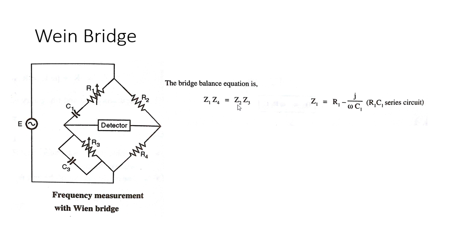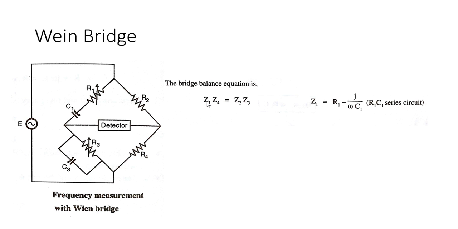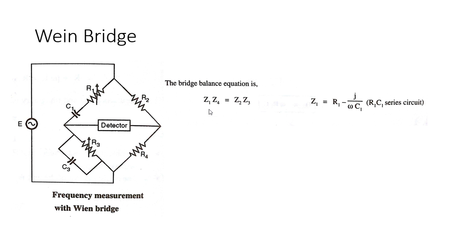Z2 is replaced by R2, so R2 is equal to Z1, which is R1 minus j upon omega C1, into Z4, which is R4, into 1 upon Z3, replaced by Y3 because it is exactly opposite to Z3. So this equation is written in terms of Z2: Z1 into Z4 divided by Z3, that is Z1 into Z4 into Y3.